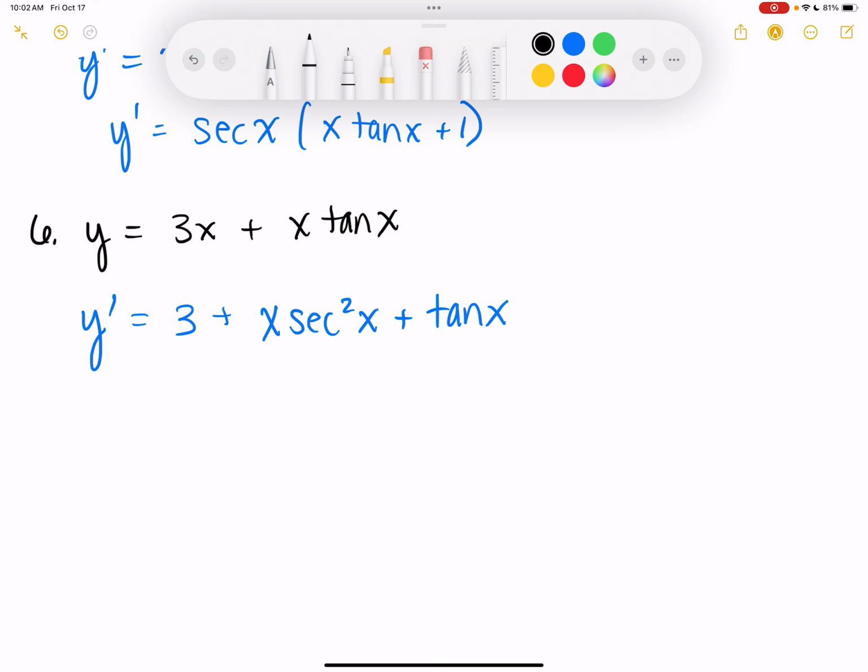10. y equals the cosine of x over 1 plus the sine of x. Obviously we're going to have to use the quotient rule on this one.